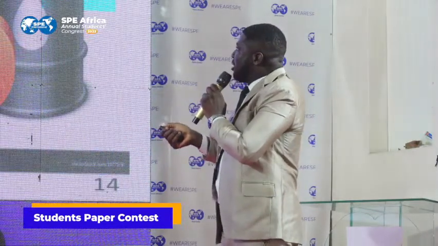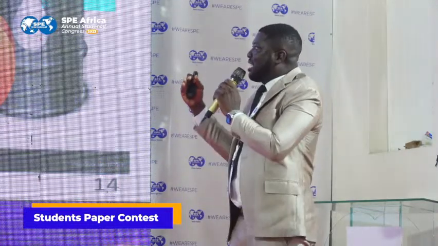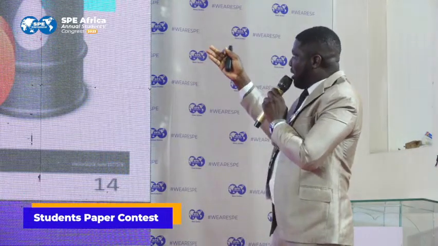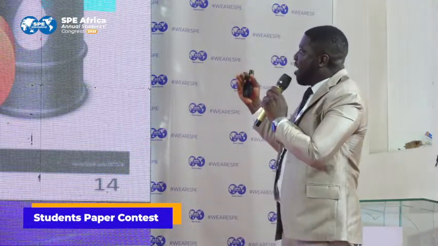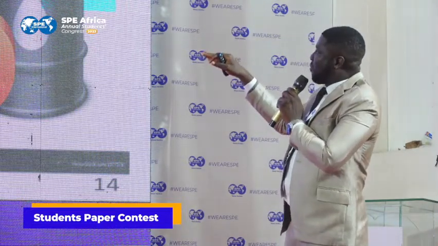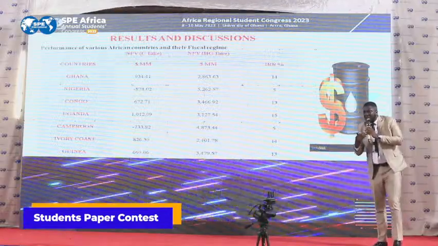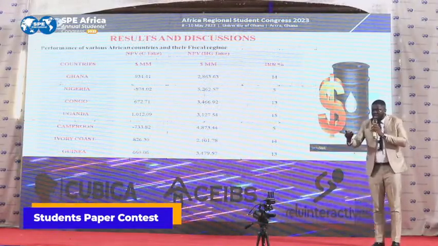So with my result, the current fiscal regime of Ghana was able to generate an NPV of 2.86 billion at an internal rate of return of 14%. The one built for Nigeria was able to generate an NPV of $5.26 billion at an internal rate of return of 5%. Someone may be wondering why Nigeria's fiscal regime generates more than that of Ghana.